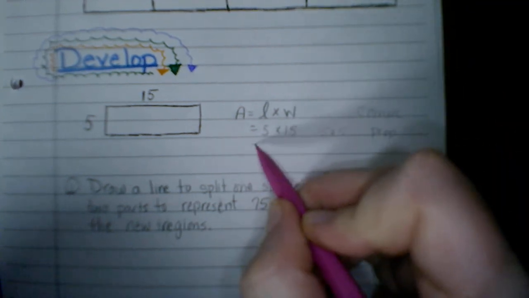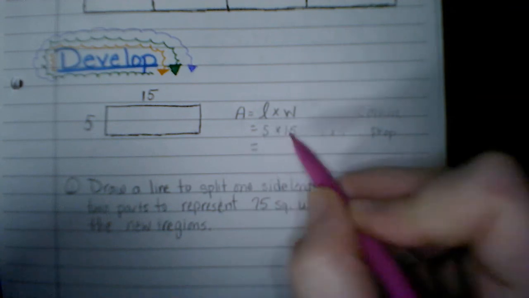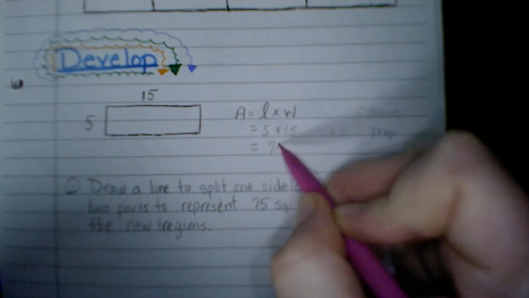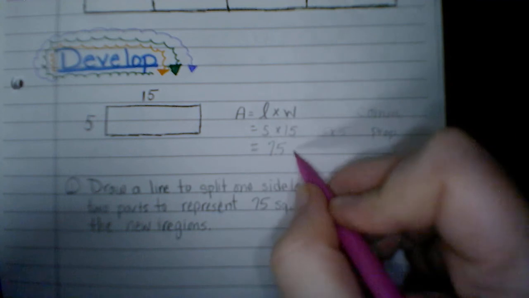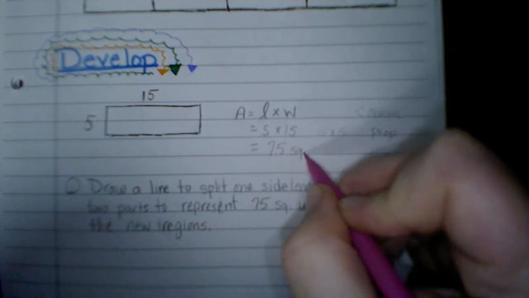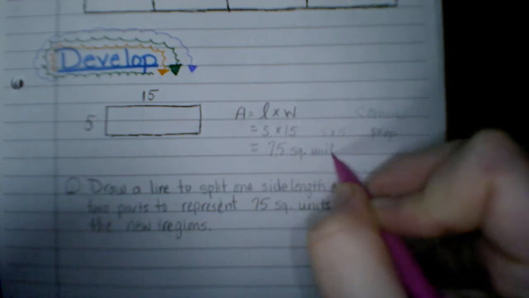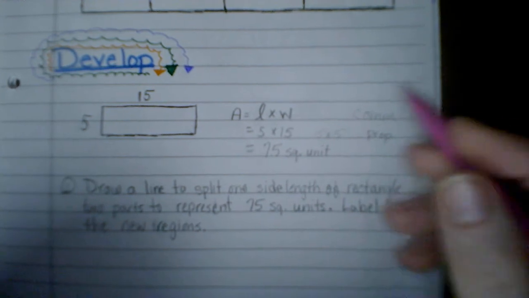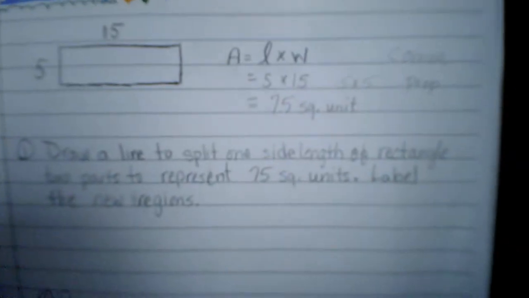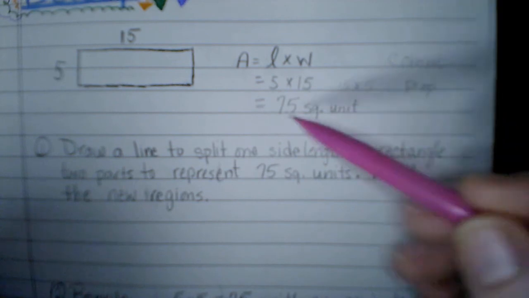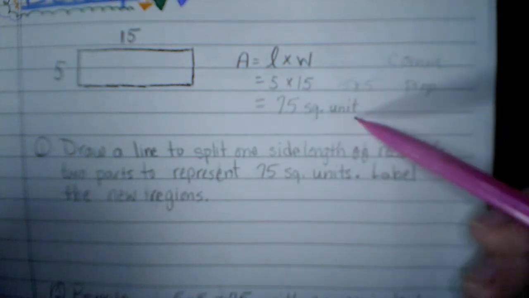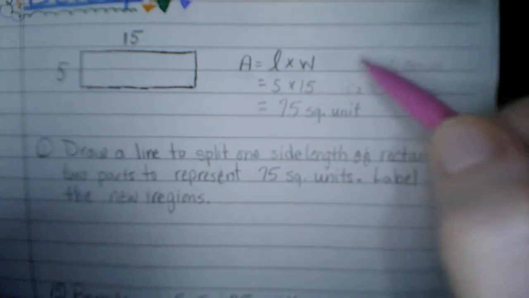Okay, so if we continue, 5 times 15 is 75. And since we're finding area, we've already talked about this, 75 square units. If you can't remember that, you need to go back and watch the previous video.